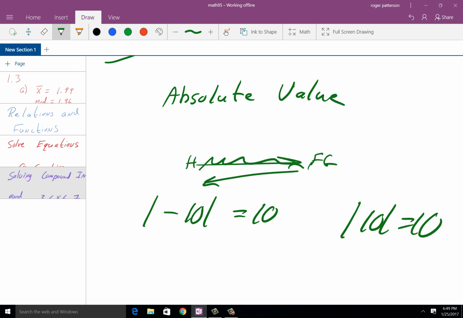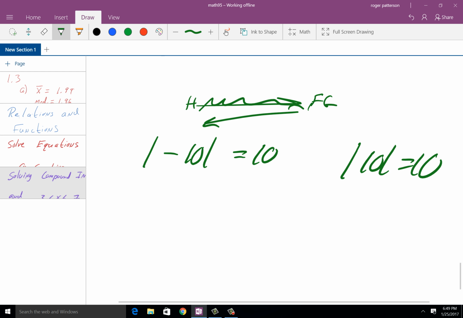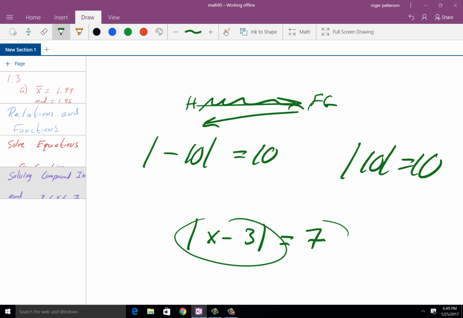So let's go back. I'm flopping back and forth here. Let's say we're going to solve the absolute value of x minus 3 is equal to 7. What I would do is graph the x minus 3 part, and I would graph the 7 part, and then we're going to find out where those cross, just like we were doing before.